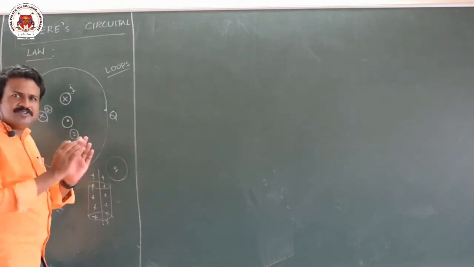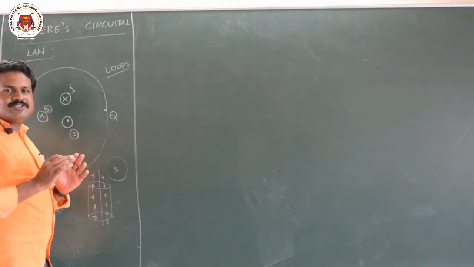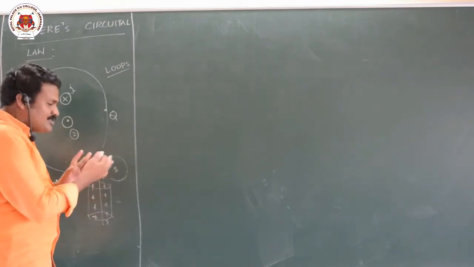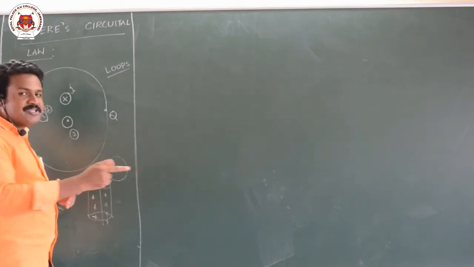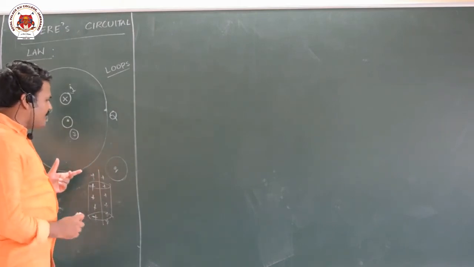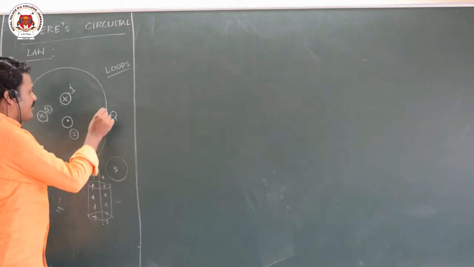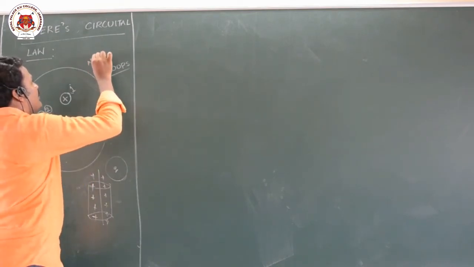In our regular class I also explained how to construct the Gaussian surface. If the surface is open, we can close it by constructing our own surface and name it a Gaussian surface. Similarly, in Ampere's circuital law, we can construct a loop which is known as an Amperian loop.